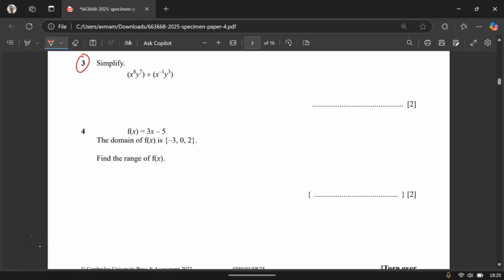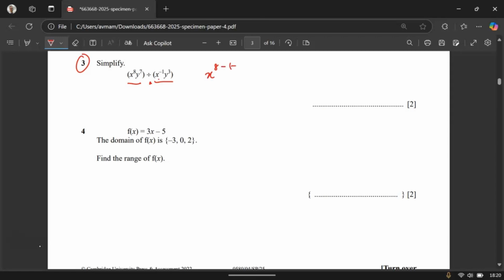Question number 3. Simplify x to the power of 8, y to the power of 7 divided by x to the power of -1, y to the power of 3. You need to know the laws of indices. So when we divide for the same base, we subtract the powers.